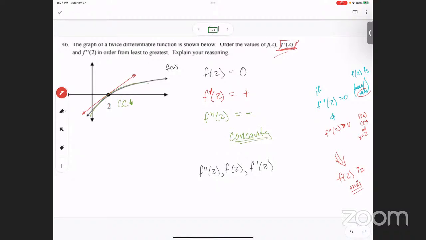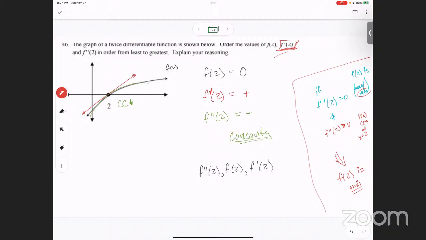I just wanted to ask you a question though. I think our teacher clarified this, but I just wanted to be sure. I think f double prime indicates when f prime is increasing.